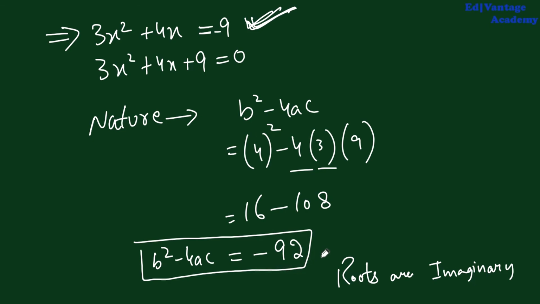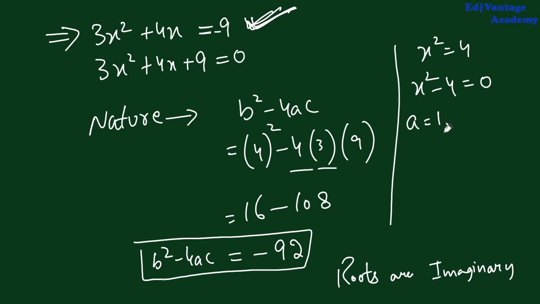Okay. So what if you had x square is equal to 4? This is a quadratic equation, but first I'll write it in general form. So if you see, we have a is 1 when nothing is in front of x square, that's 1. b we don't have here, so that means b is 0. And c we have minus 4. Remember, b is when you have x with it. The coefficient of x is called b, but we don't have an x term here, only x square term.